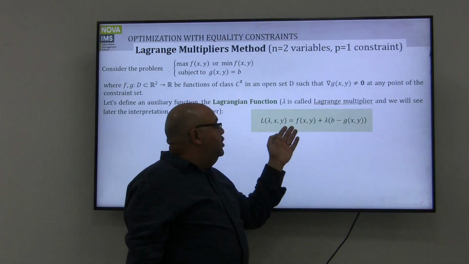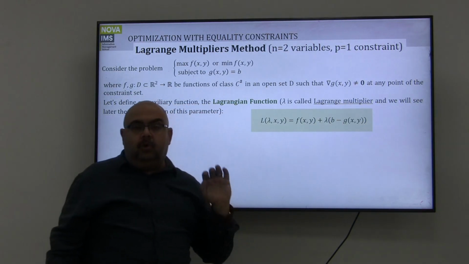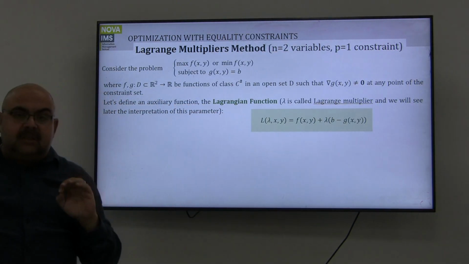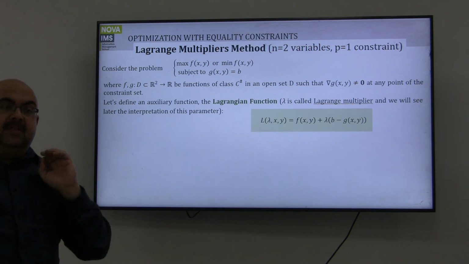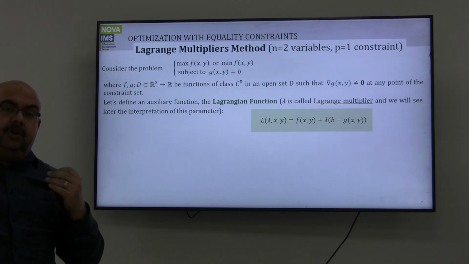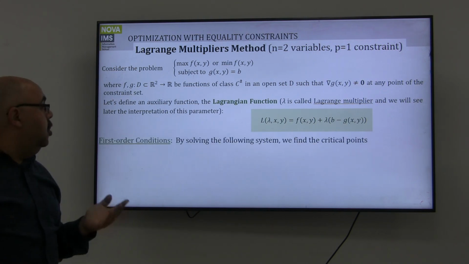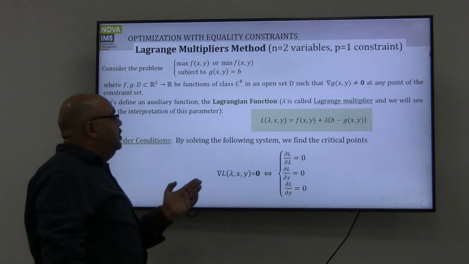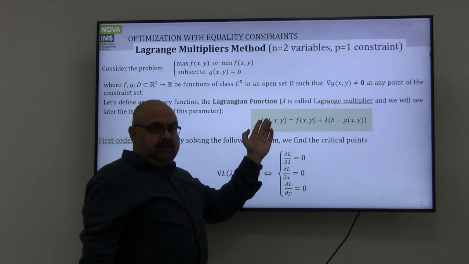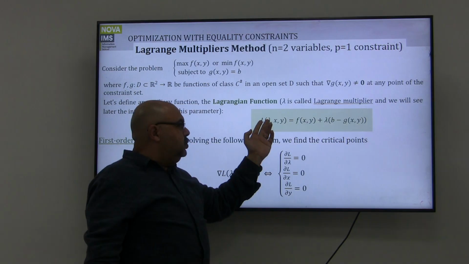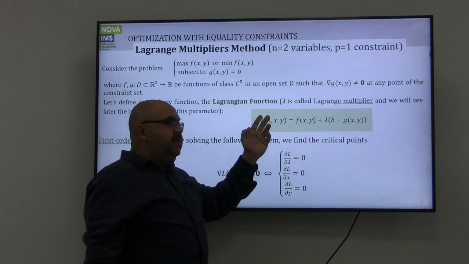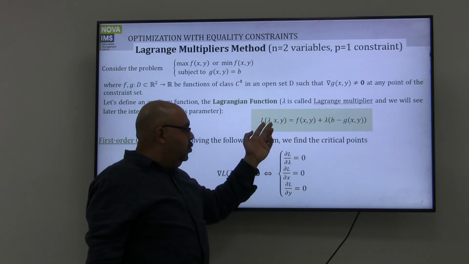And then let's get the gradient vector, or let's optimize the Lagrangian function satisfying all of this. All I have to do now is to differentiate L with respect to lambda, differentiate once more with respect to x, and differentiate once more with respect to y.